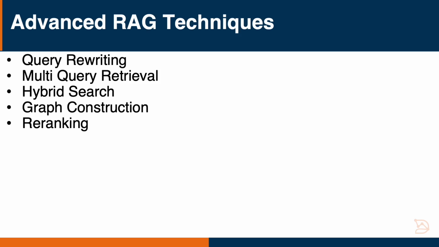So there are some models that you can use to re-rank all your documents, and then cut off the first 10 or the first 15 before you push them into your LLM to generate the answer for you.